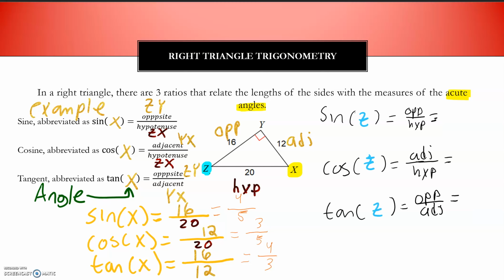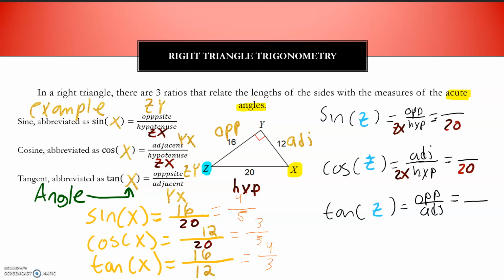Now for this one, the hypotenuse is still ZX, it's still 20. So you can write ZX wherever you see hypotenuse, and then you can put a 20 in the denominator. And again, if the hypotenuse is going to be used in a problem, it's always going to be the denominator.